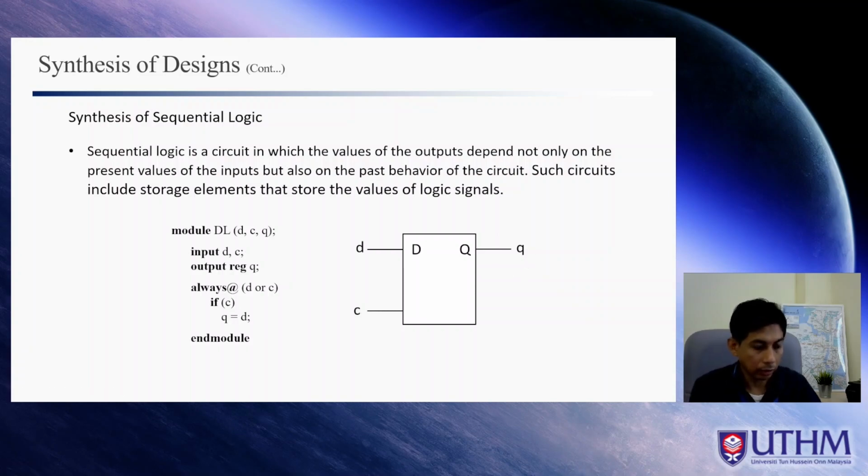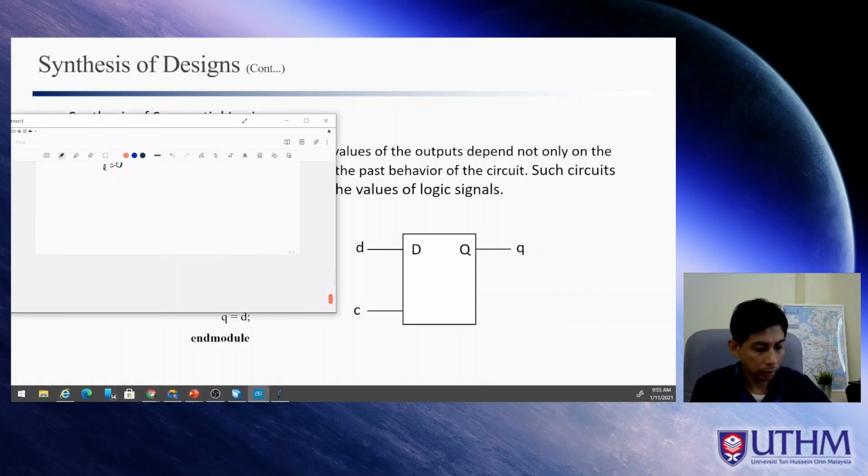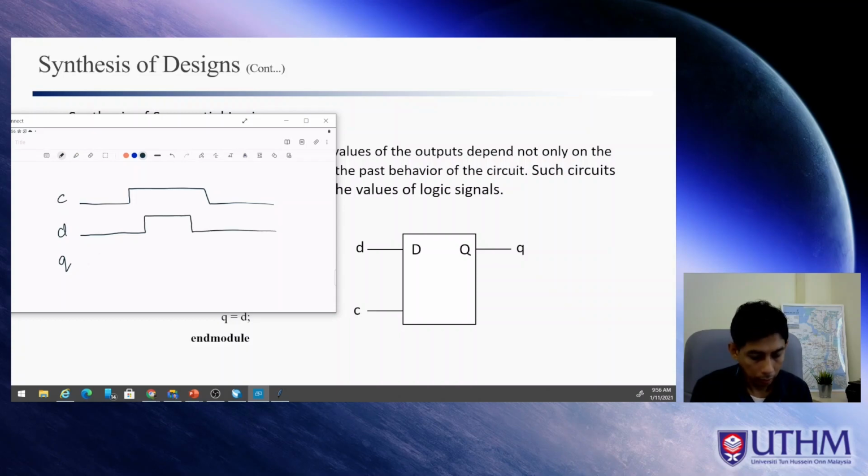So when you draw the timing diagram of a latch, you can have something like this. This is C, this is D, and this is Q. So, for example, like this. Right? So your Q will be like this.